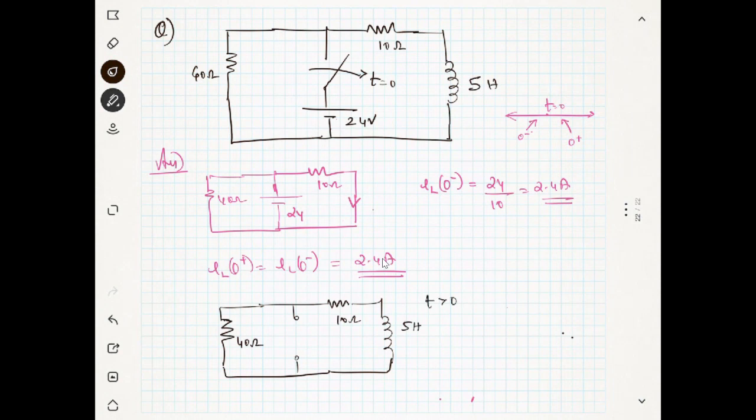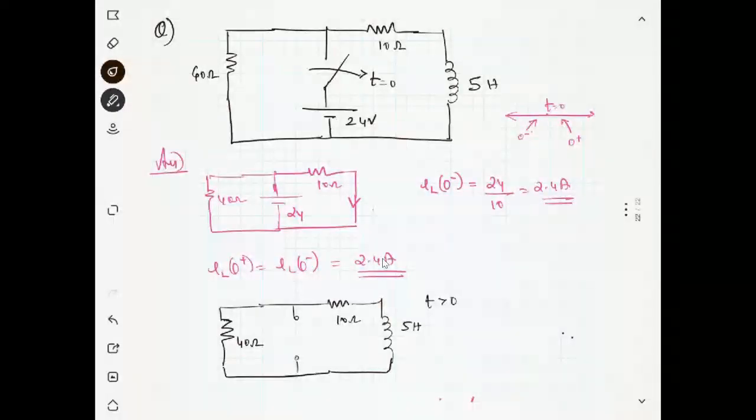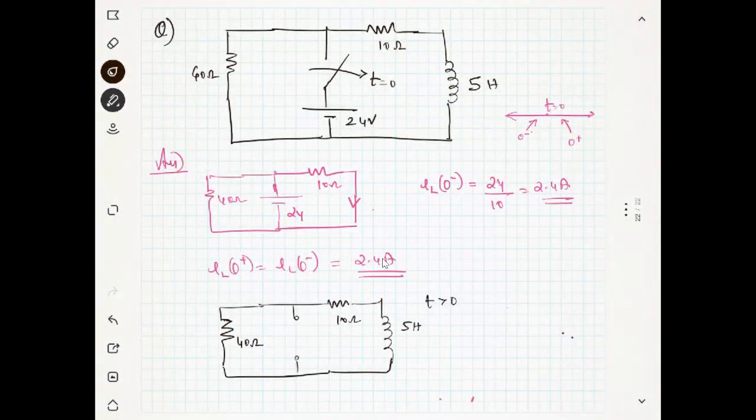At time t equal to 0, what will be the situation? Can you tell me? At t equal to 0, the inductor will be short circuit or open circuit? Open. Yes. So if the inductor is open circuit, how will you show the initial current, IL of 0?